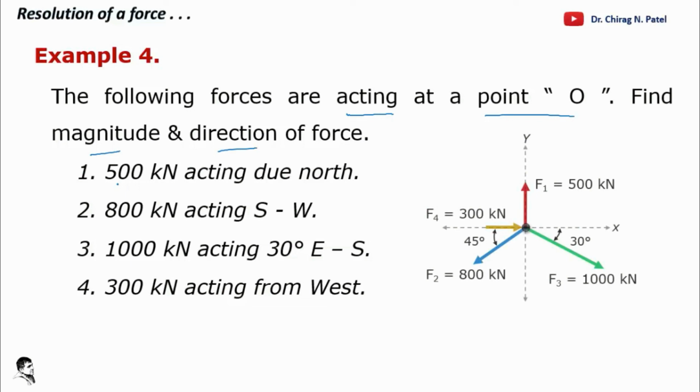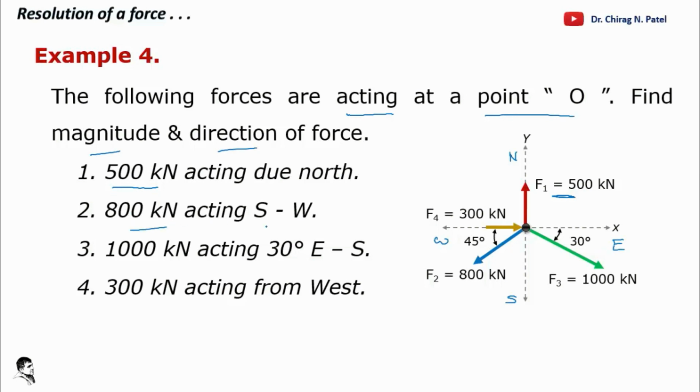For that it is given 500 kilonewton acting due north. So this is 500 kilonewton acting north. If we take north as this, south, this is our west direction, and this is our east direction.